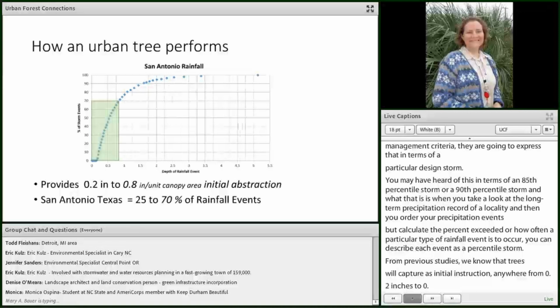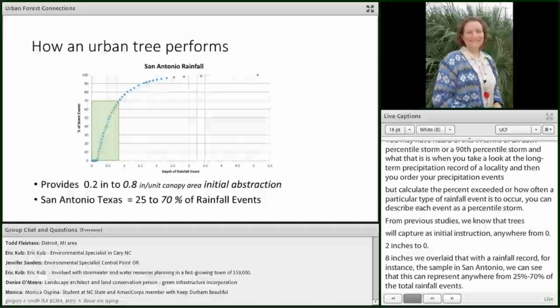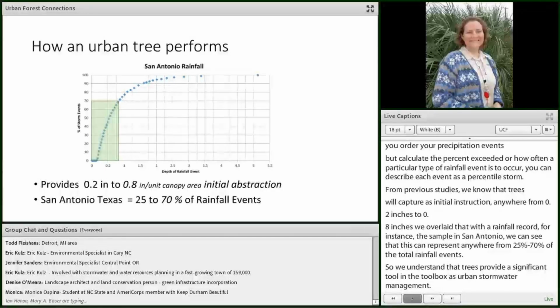So we understand that trees provide a significant tool in the toolbox of urban stormwater management. But much of the time, that's not going to be the end-all, be-all. It's going to have to be a component of an overall stormwater management strategy.